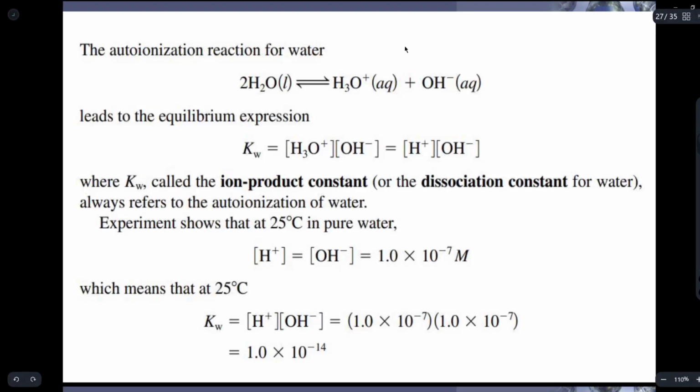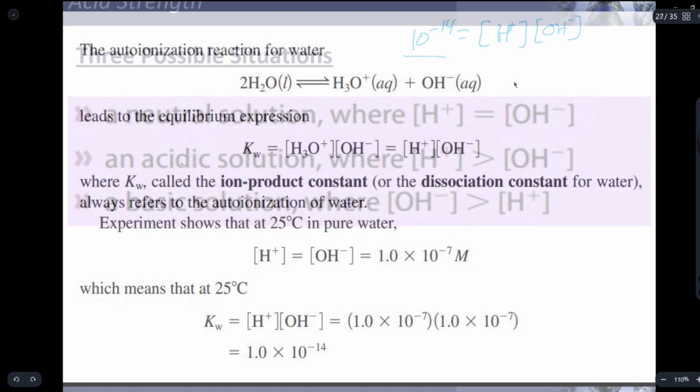Using what we just learned, we can create the formula: 10 to the power of negative 14 is equal to the concentration of H plus multiplied by the concentration of OH minus. And since Kw is always constant at this number, if we have one value, we can always find the other.